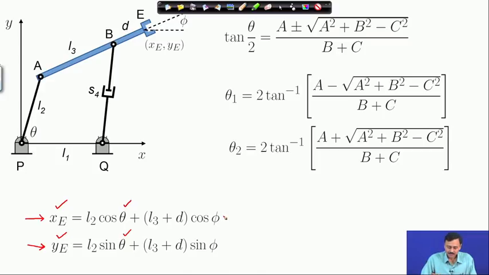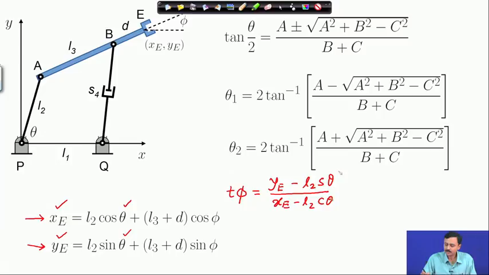From these two equations we can now solve for phi. So, we find out tangent phi. So, tan phi is nothing but y e minus L 2 sin theta by x e minus L 2 cosine theta.